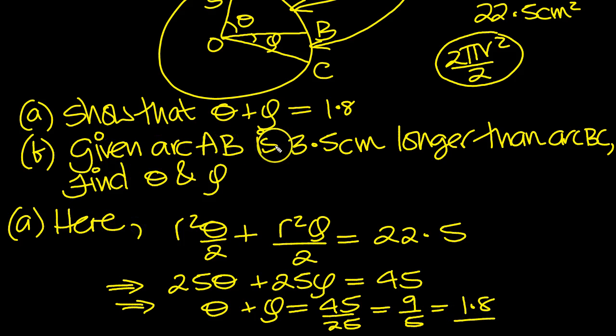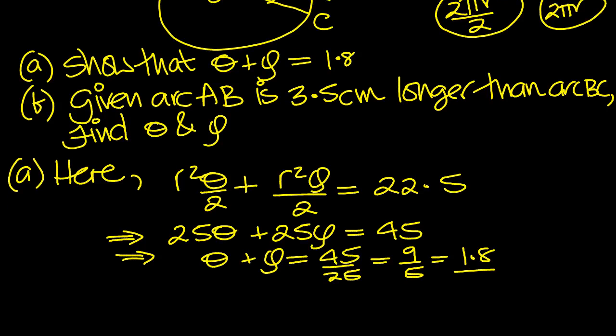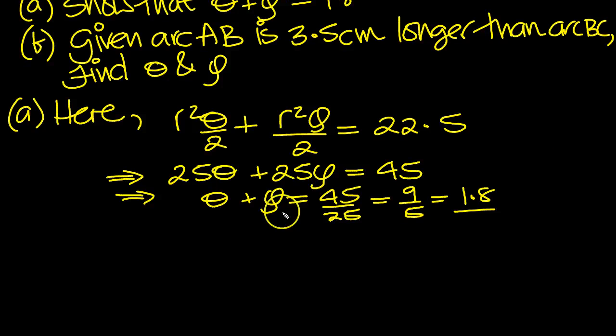Part B, given the arc AB, now as far as the arc is concerned, arc length, the circumference of a circle is 2 pi r, isn't it? So from that we can infer what the length of an arc length is, because 2 pi is the full circle in radians. So part B then.